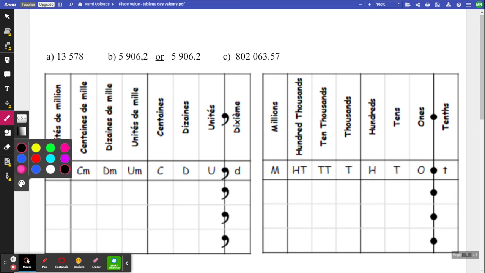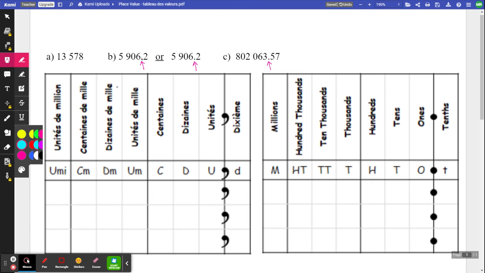If you have a decimal in the number, like here's our decimal, here's our decimal, here's our decimal, it makes it really easy. So it's going to be the one on the left of that decimal. So that means that this number here, this 6, okay, and this 3 here, those are going to be in my ones column, okay?